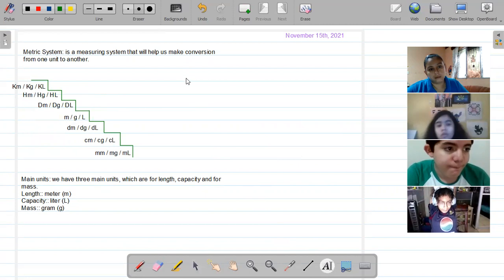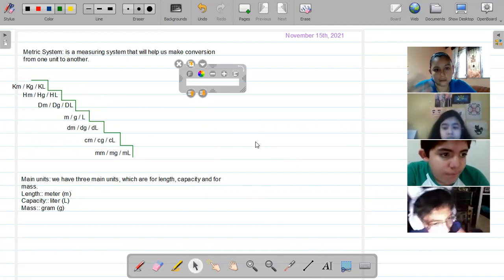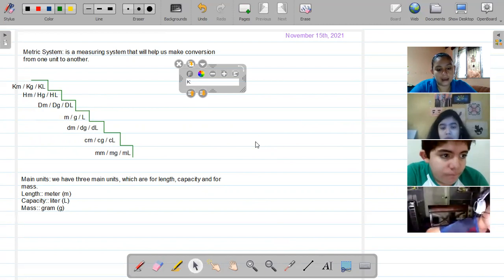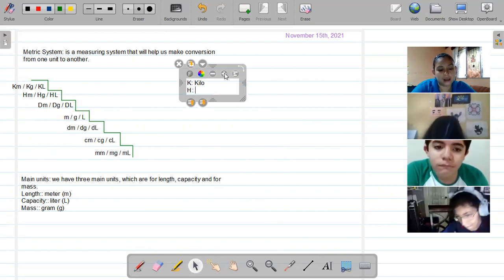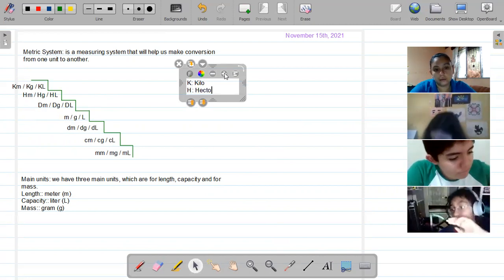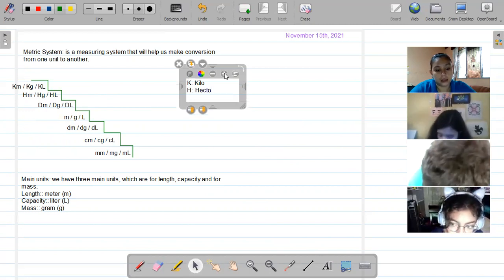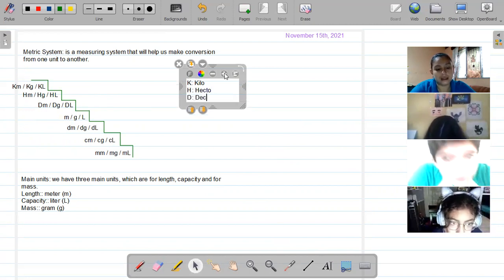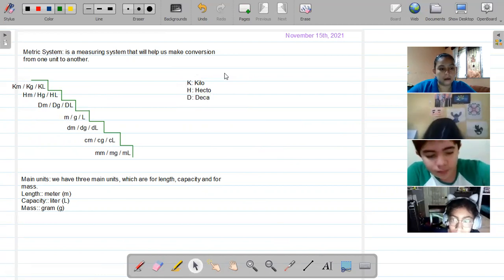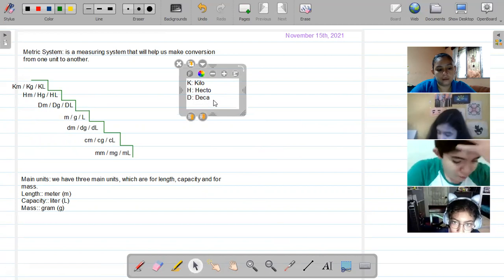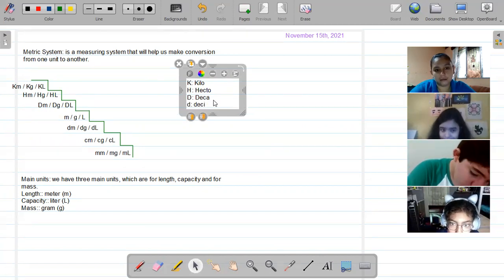So I'm going to write over here what does that mean? The capital K is kilo. It means 1,000. The capital H is hecto. Hecto means 100. The capital D is deca. It means 10. Now, small d is deci.